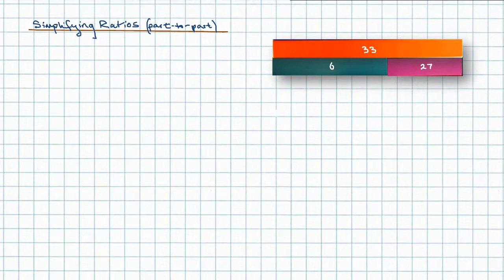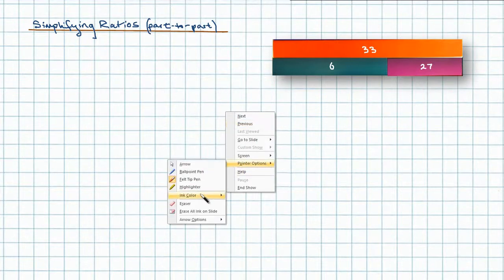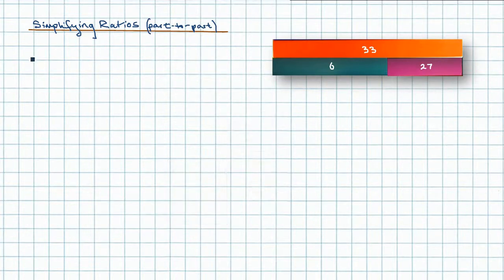So for example, it might be that we're talking about things that have been sold versus things that haven't been sold. So 33 products are on sale, only 6 have been sold, so we've got 27 left.